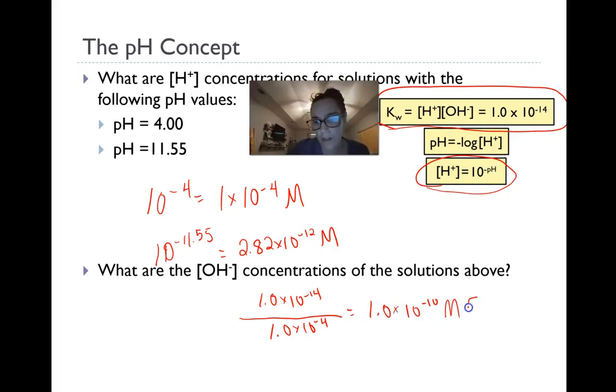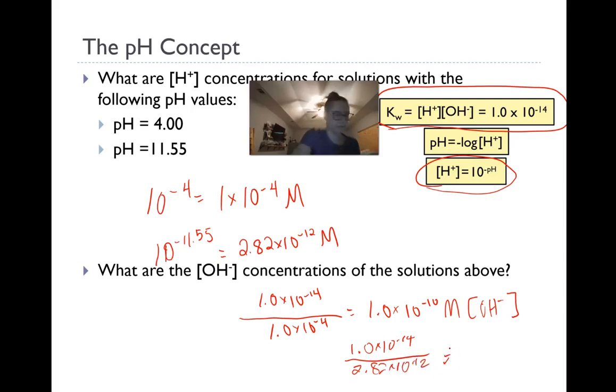Okay, molar hydroxide. For the second situation where the pH is 11.55, it would be 1 times 10 to the negative 14th divided by 2.82 times 10 to the negative 12th.